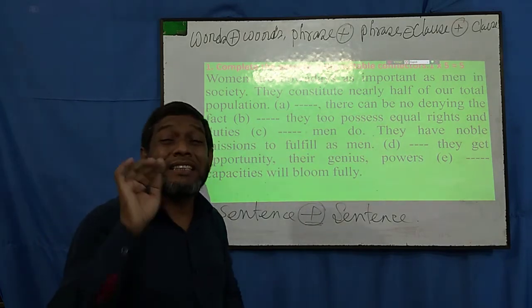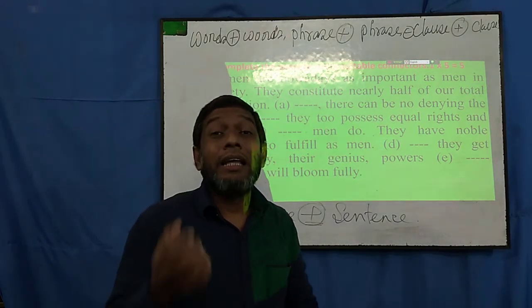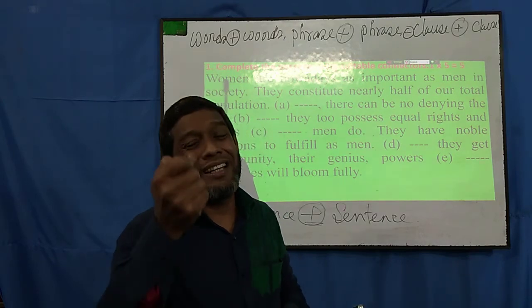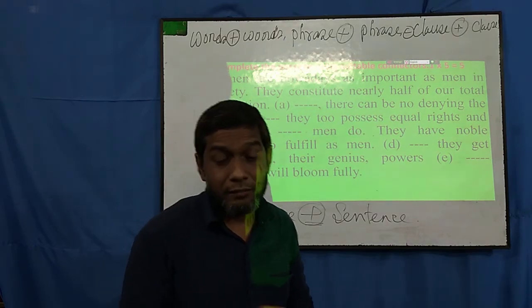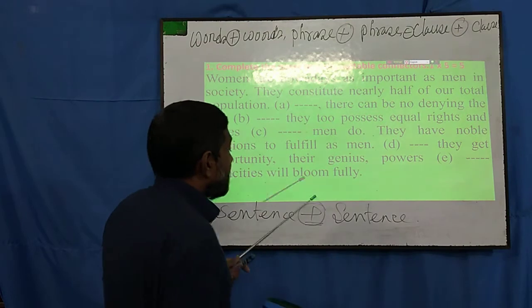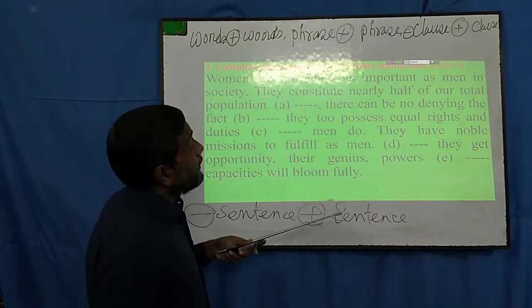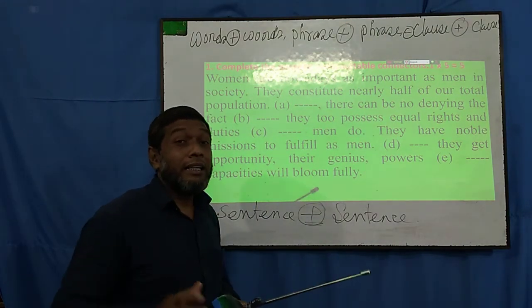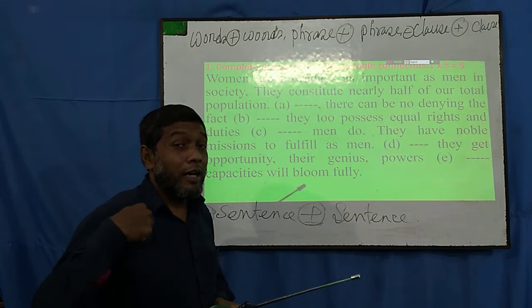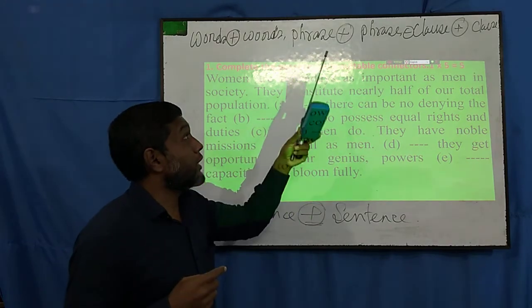So only in 6 places we may use our sentence connectors, right? This was discussed elaborately in the lecture when I taught you the rules and regulations of sentence connectors.